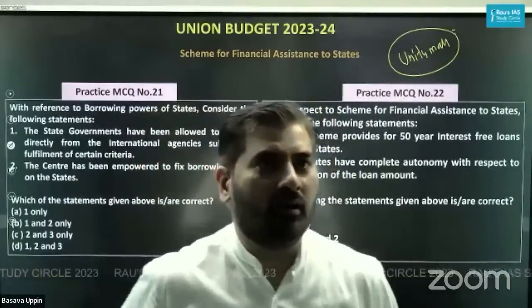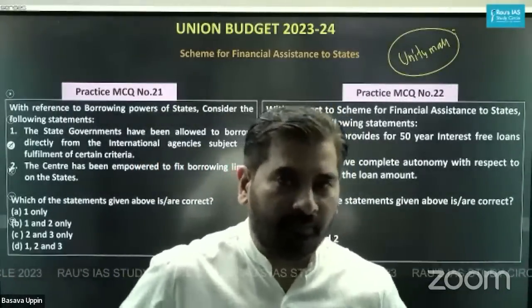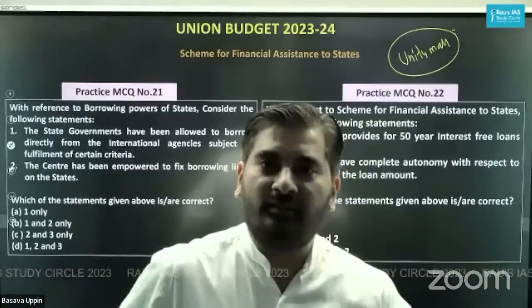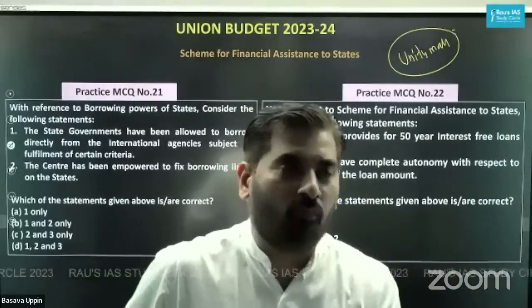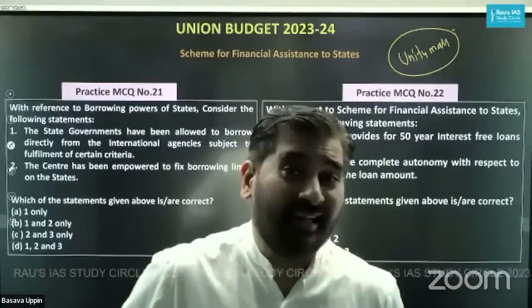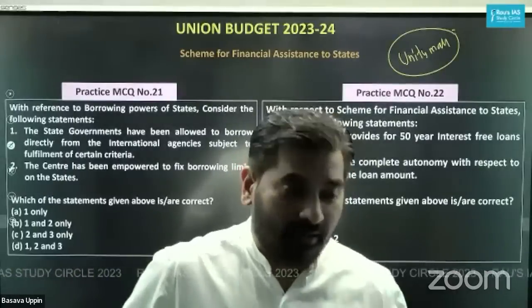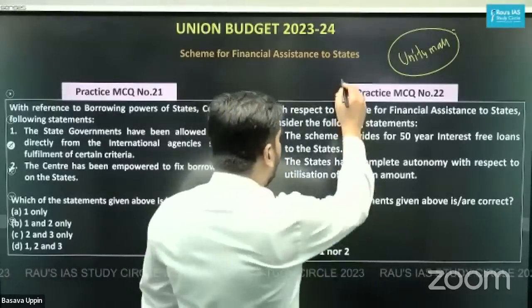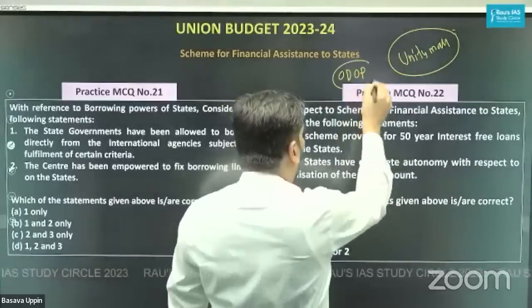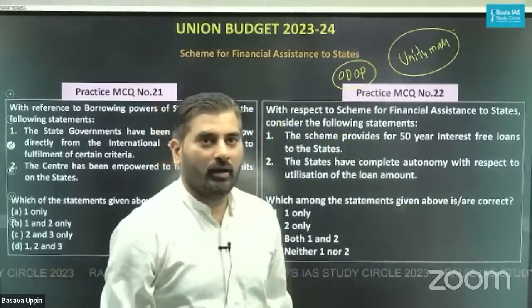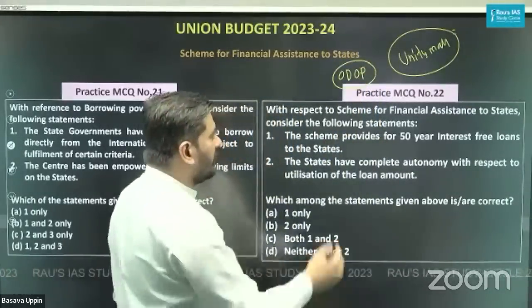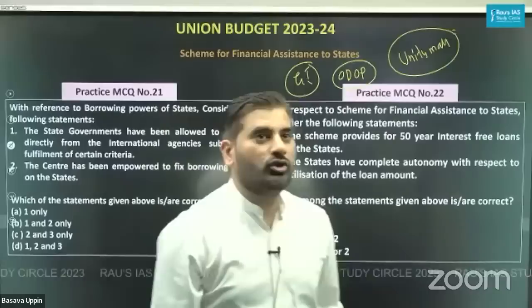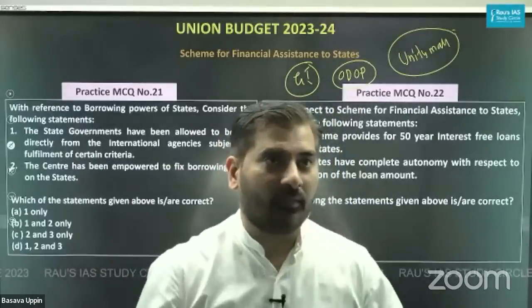What's a Unity Mall? Unity Mall is a concept which was highlighted in this year's budget. Unity Mall means it's a kind of a shopping mall. It's a kind of mall which would be constructed by the state government. This Unity Mall will showcase the one district, one products of all the districts of a particular state. Apart from that, this particular mall will also showcase GI tags of a particular state, geographical indicator products.